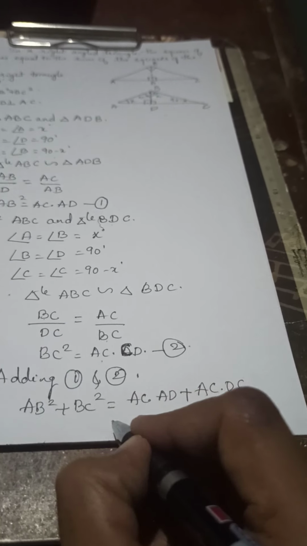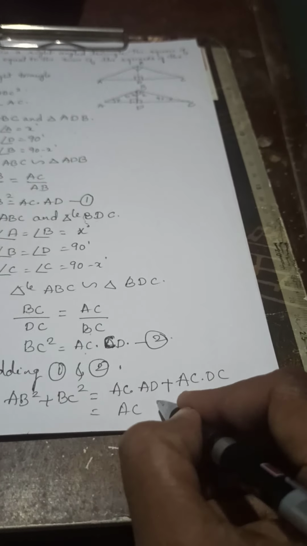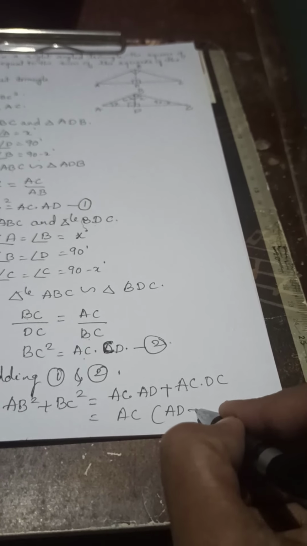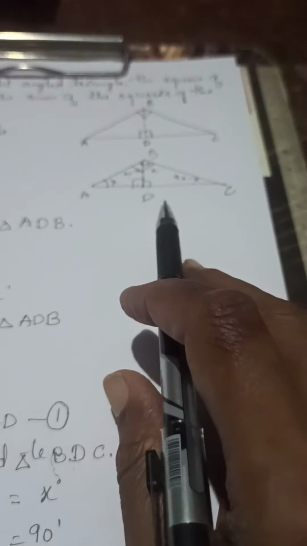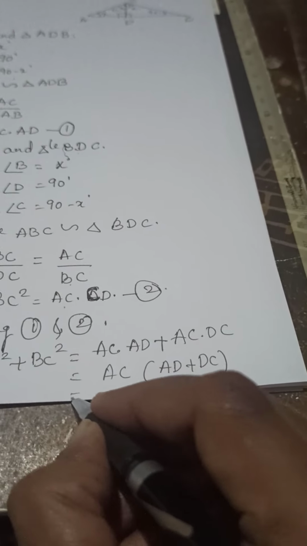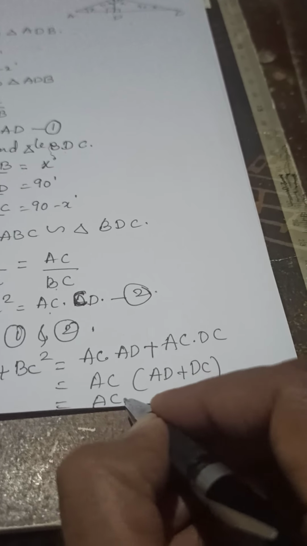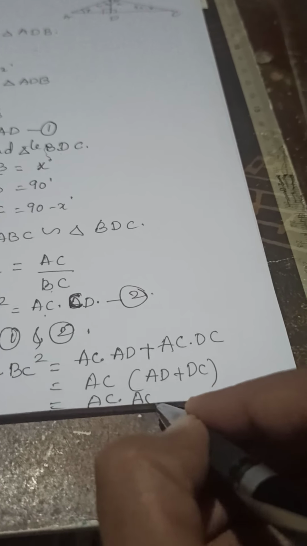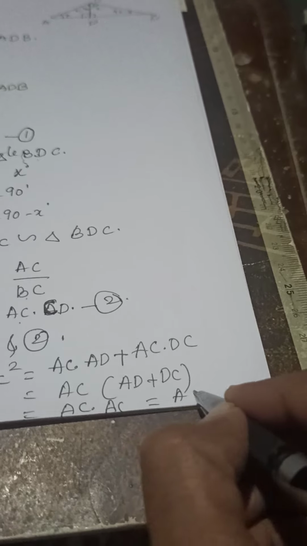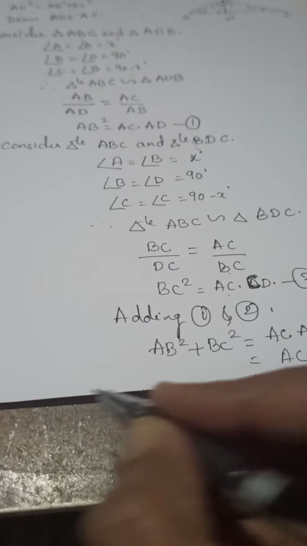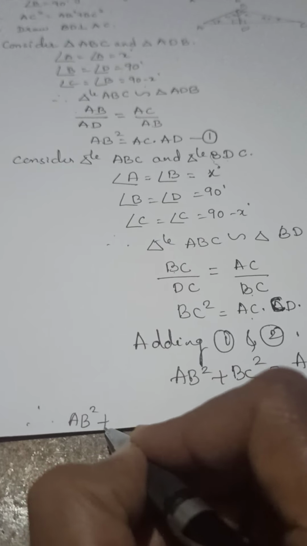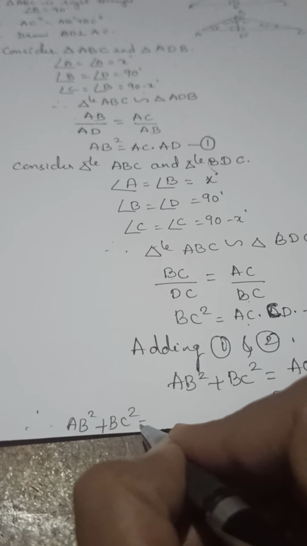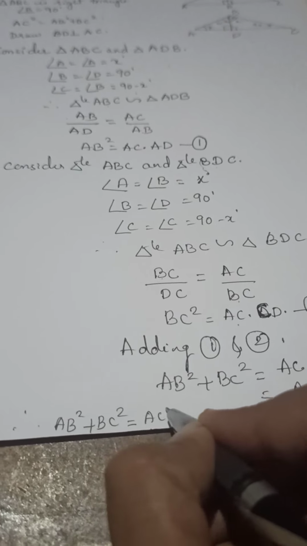So AC is common. Take it outside: AD plus DC. What is AD plus DC here? AD plus DC is nothing but AC. So I can write AC into AC, that is equal to AC square. So therefore AB square plus BC square is equal to AC square.